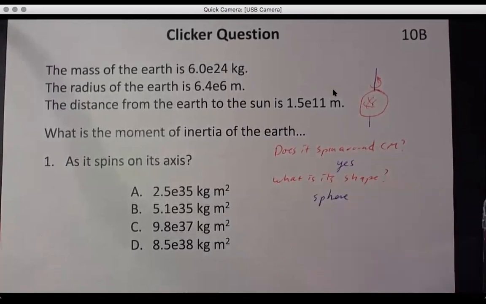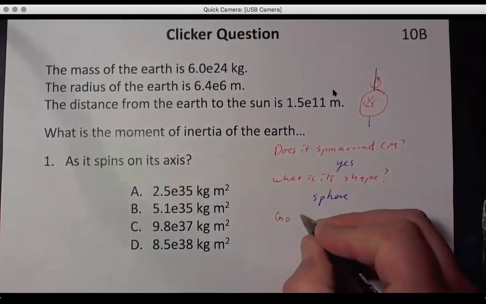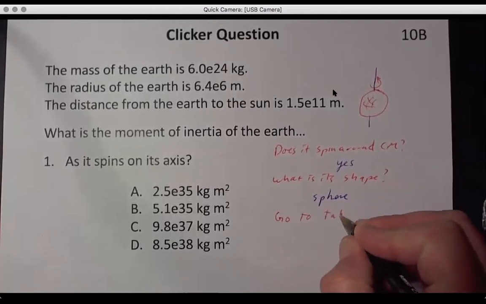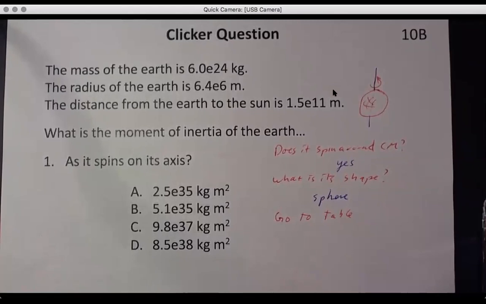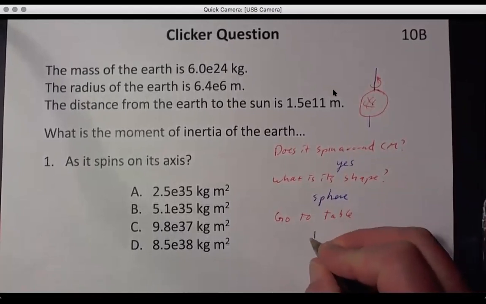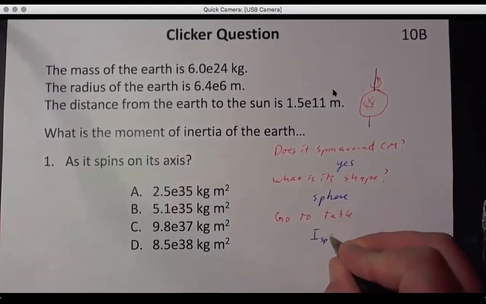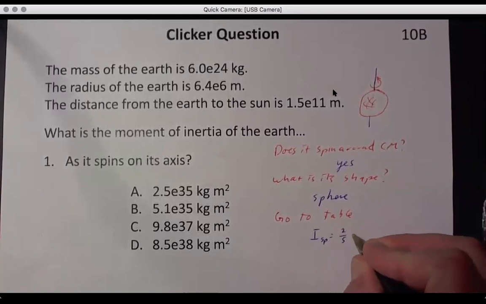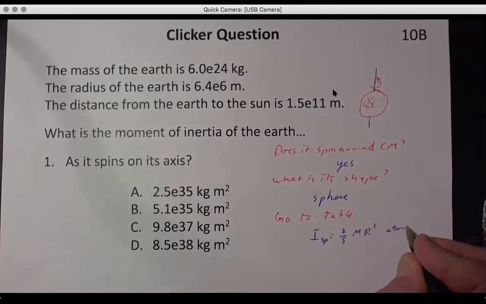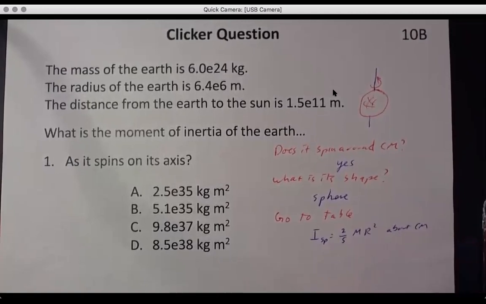So we go to the table. And what we find is that for a sphere, the moment of inertia is equal to 2/5 mr squared, about the center of mass, which is the center of the sphere.